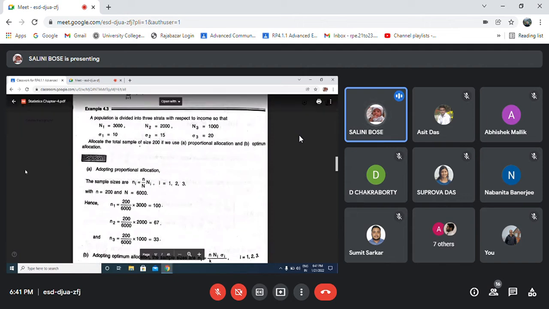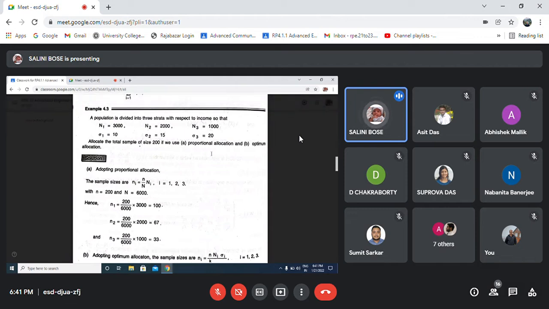The question is, a population is divided into three strata. Here the total population N is divided into three strata. So N1 is 3000, N2 is 2000, N3 is 3000. What will be the total population size? So the total population size will be N1 plus N2 plus N3, because I already said that in stratified sampling the total population size will be equal to the summation of the strata population sizes.